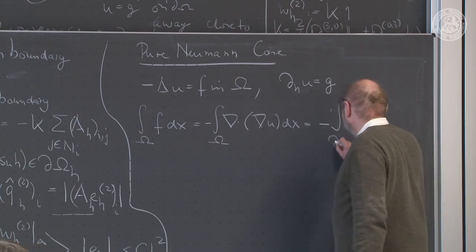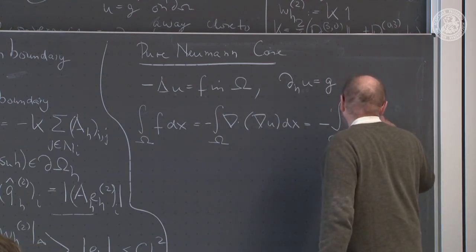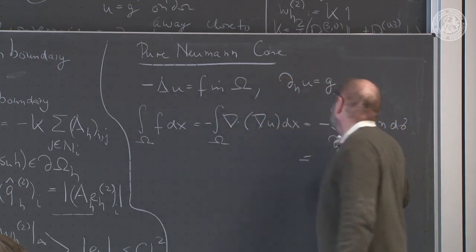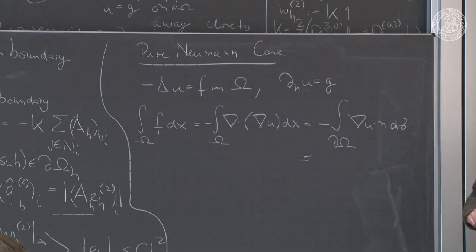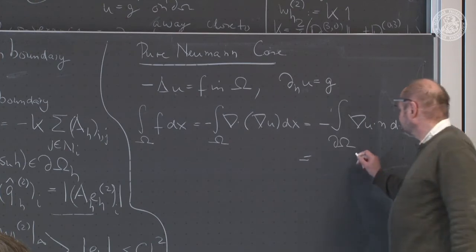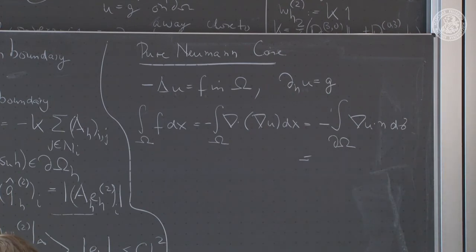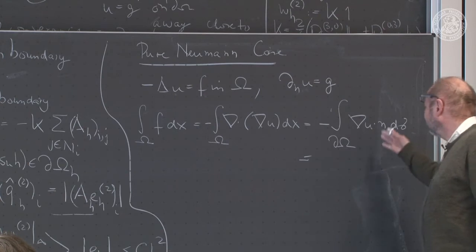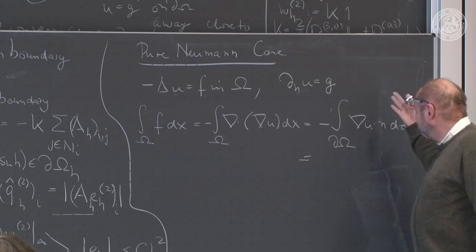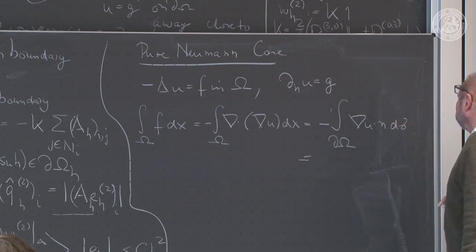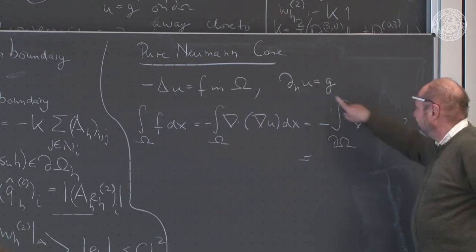Over the area, let's say d sigma, because it's a surface integral. And what is this last quantity? It's the same. It's, auf Deutsch, Richtungsableitung in the direction of n. That's exactly what I mean here.